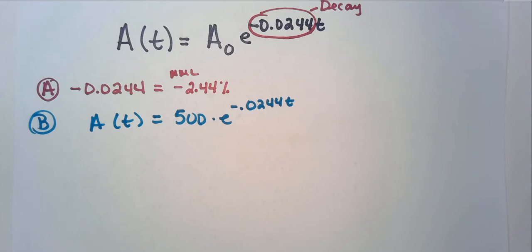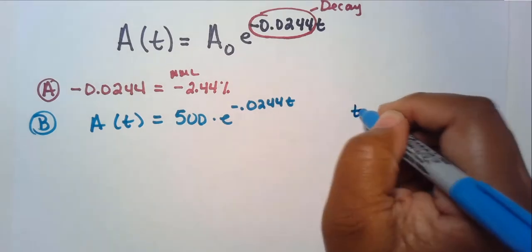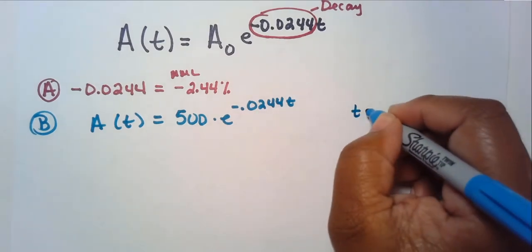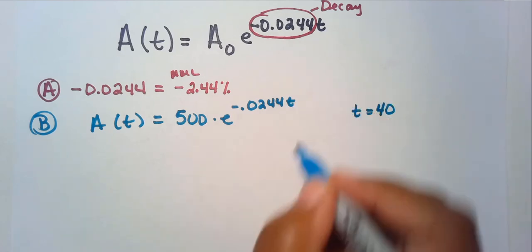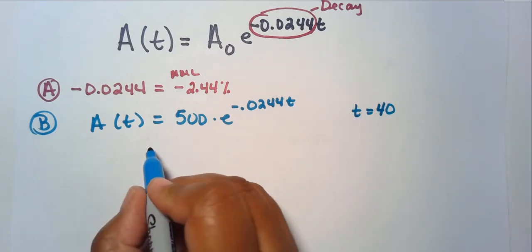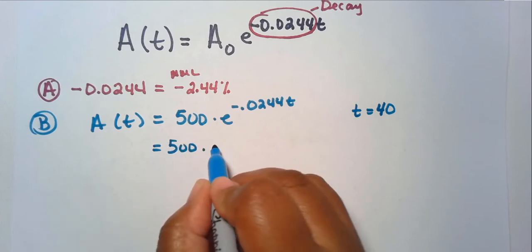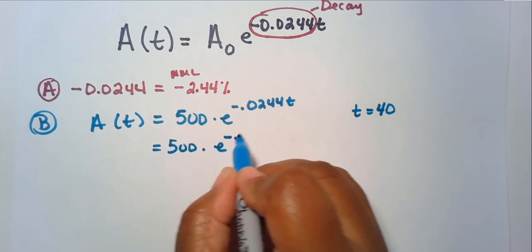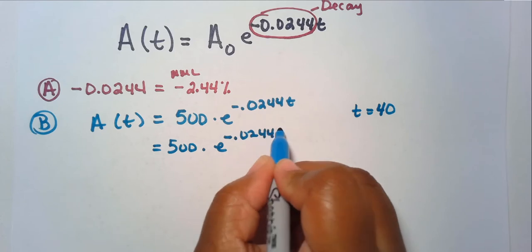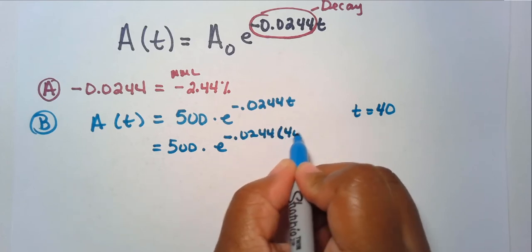Okay, so it says here, how much is left after 40 years. So we're going to plug 40 in for the variable T. So we have here 500 times e to the negative 0.0244 T, which is 40.